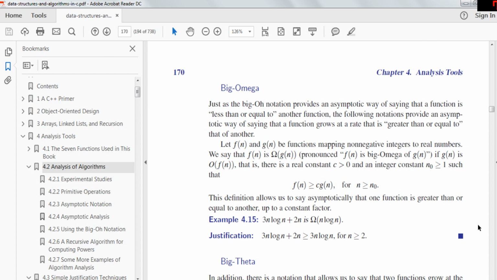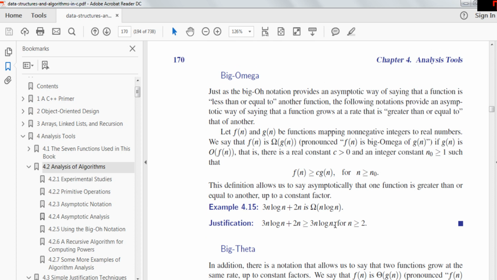We say that f of n is big omega of g of n if g of n is O of f of n. That is to say, there's a constant c greater than 0 and an integer constant n naught greater than or equal to 1, such that f of n is greater than or equal to c times g of n for n greater than or equal to n naught. This definition allows us to asymptotically say that one function is greater than or equal to another function up to a constant factor.